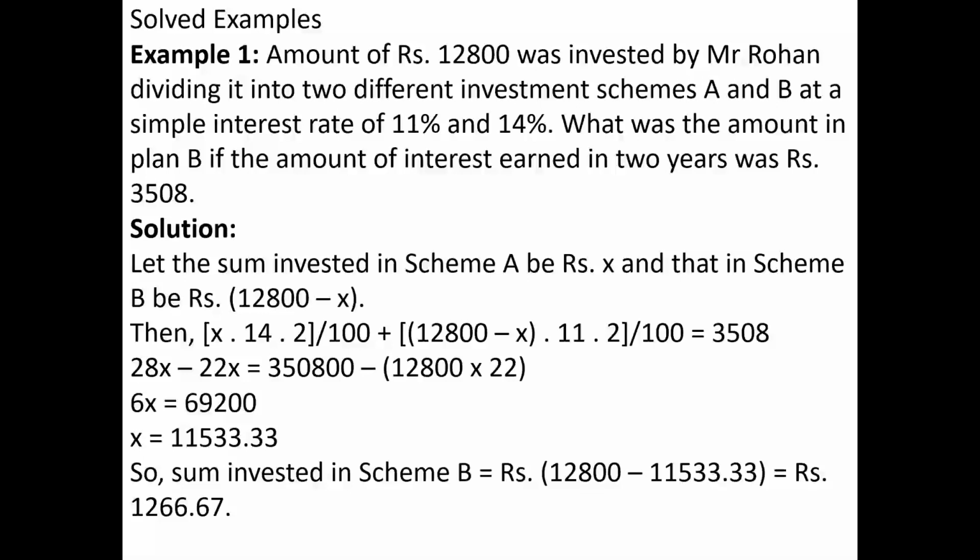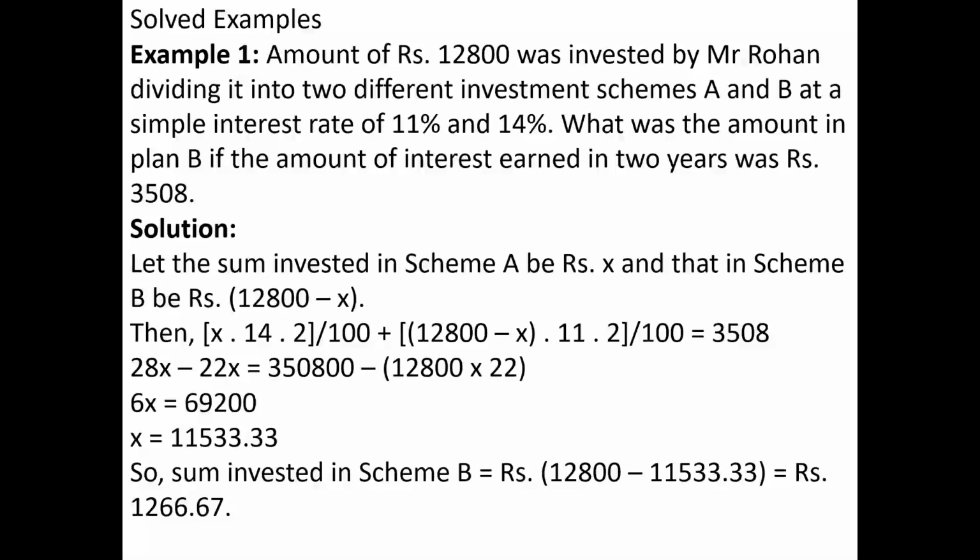So, solution: let the sum invested in scheme A be rupees X, and in scheme B it is 12,800 minus X. I think it's very simple. You have already done it during your school time.